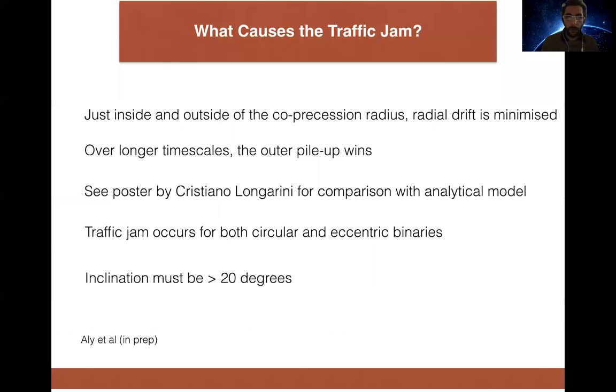So what actually is happening? What causes this traffic jam, as you will. So if you have a co-precession radius where both the gas and the dust precess at the same frequency, then just inside and outside of this radius, the radial drift will be minimized, and that's just because of the projection of the dust orbital velocity on the gas plane, because the gas has just one plane, it precesses rigidly, it always has the same frequency.